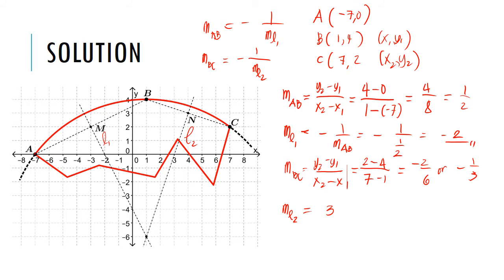So this is the slope of L2. Let's take note of these values: the slope of L1, the first perpendicular bisector, is -2, and the slope of the second perpendicular bisector, the bisector of BC, is 3.